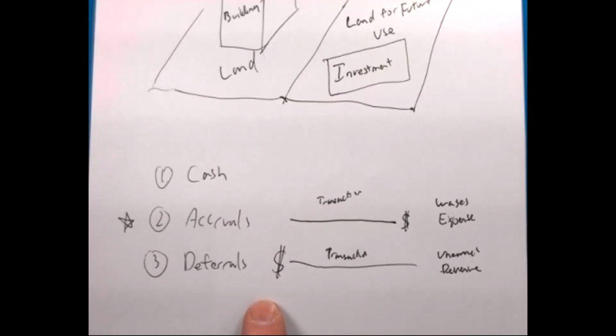Deferrals are real easy because cash has changed hands, whereas with accruals, nothing has changed hands yet. So a lot of times you have liabilities like wages payable, salaries payable, all that kind of stuff. A lot of times they'll call those accrued expenses.